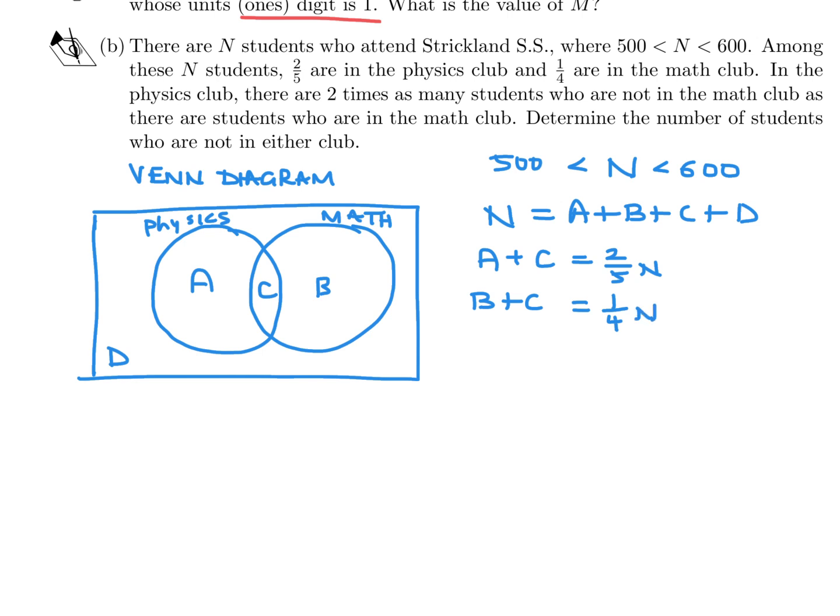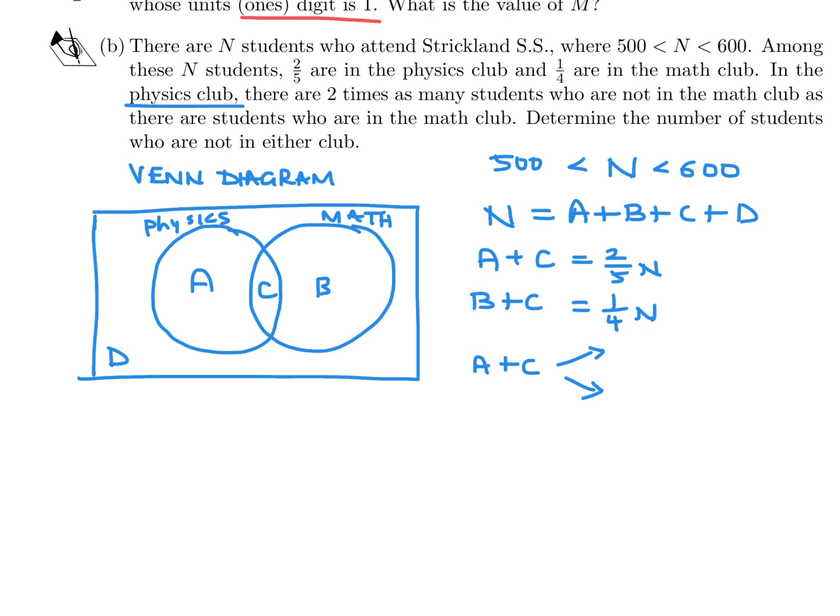Okay. And then we are told this sentence that there are 2 times as many students who are not in the math club as those who are in the math club. So let's think about that. How many, first of all, are in the physics club? If you're looking at the physics club, that's A plus C. And they're saying in that physics club, there are 2 times as many students who are not in the math club.